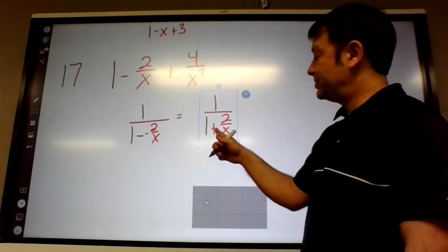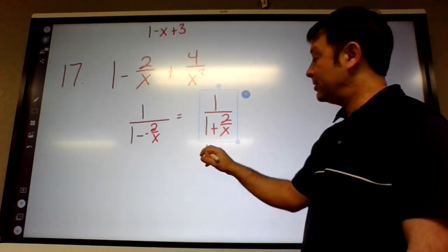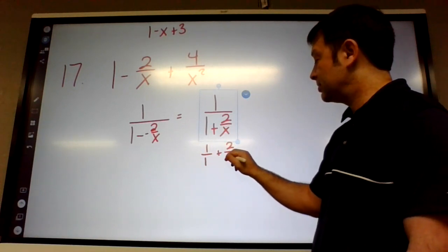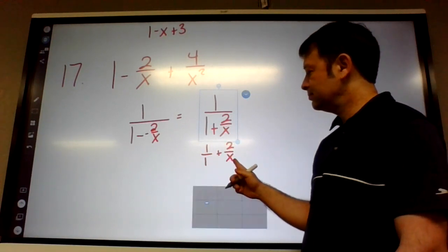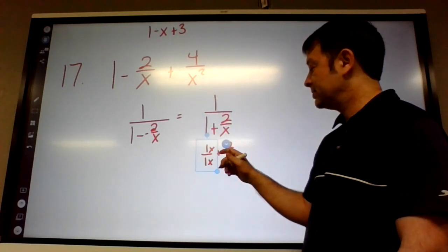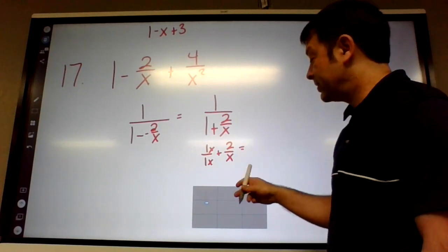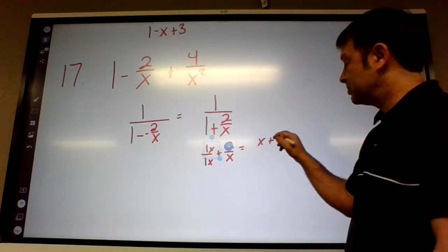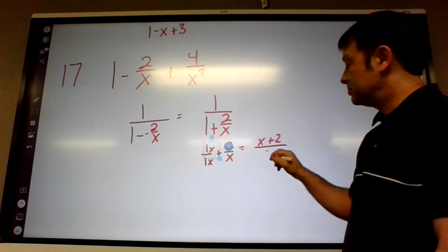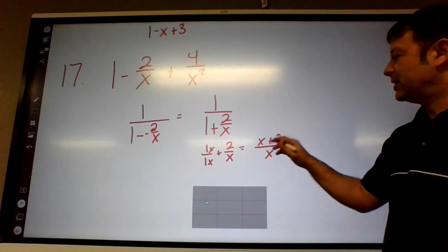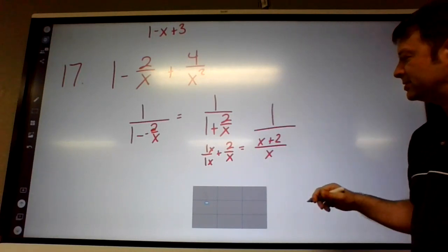So you can't add these two together unless you have a common denominator. What's the common denominator? x. So you multiply by x. Now that they have a common denominator, you can add the numerators, x plus 2. That's all under 1.